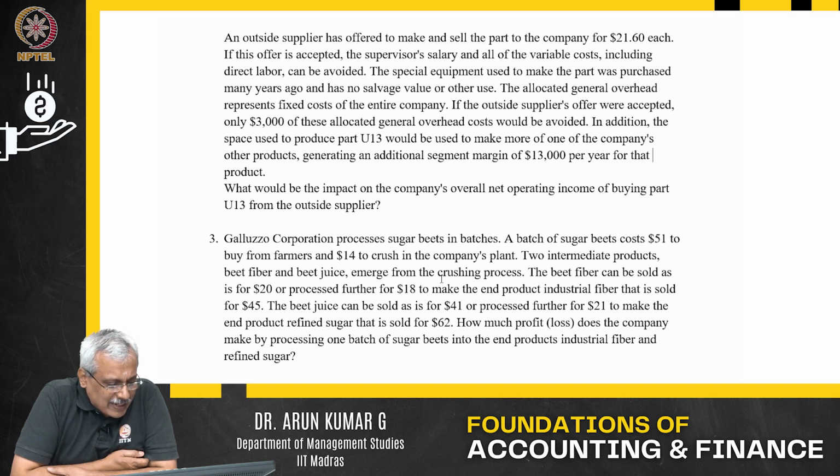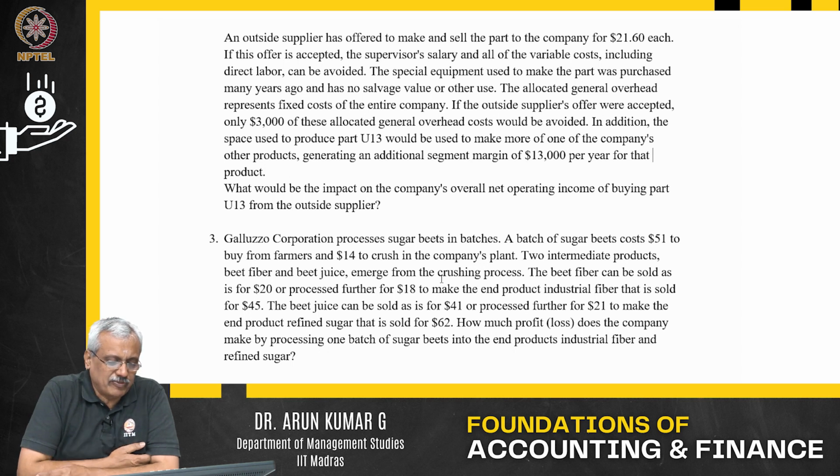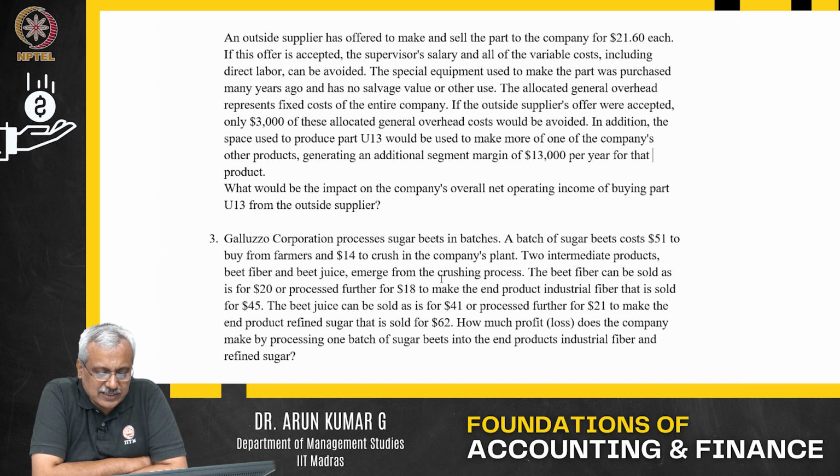So, now in this particular case of problem number 3, let us look at Gelazo Corporation, which processes sugar beets in batches. A batch of sugar beets costs about $51 to buy from the farmers and $14 to crush in the company's plant. Two intermediate products, beet fiber and beet juice, emerge from the crushing process.